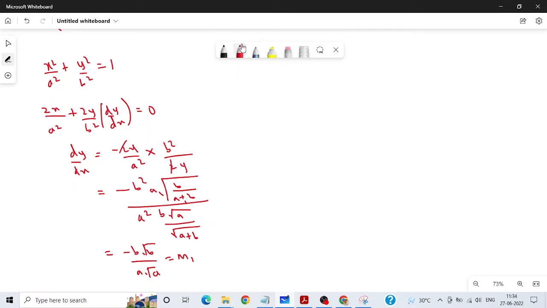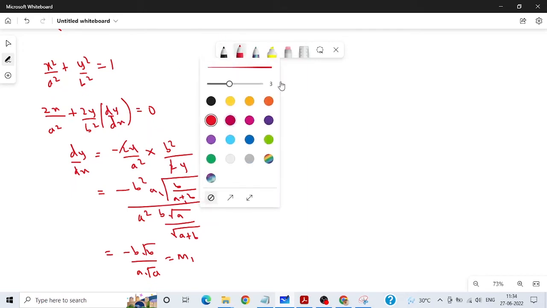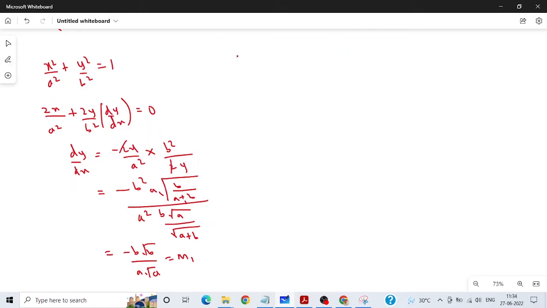Now let's consider another curve, the second curve, which is x square plus y square is equals to ab. So now let's again differentiate with respect to x. So what we are going to get? We are going to get 2x plus 2y dy by dx is equals to 0.